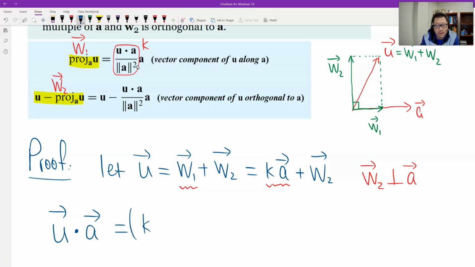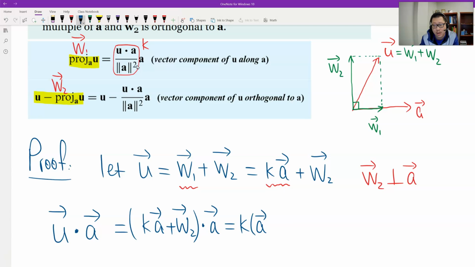Let me put u as k times a plus w2, dot a. What do we get? We distribute: k times a dot a, where k is a scalar number.